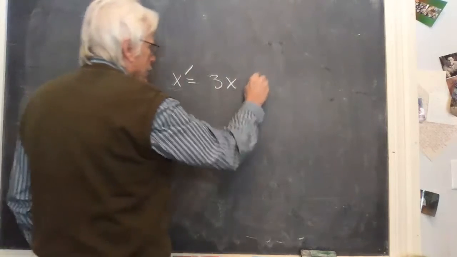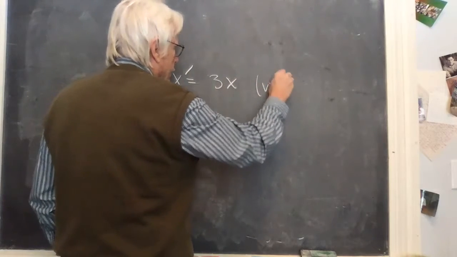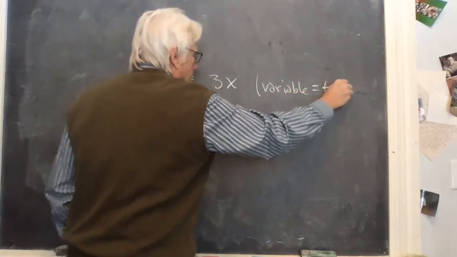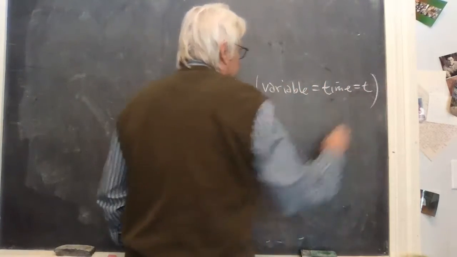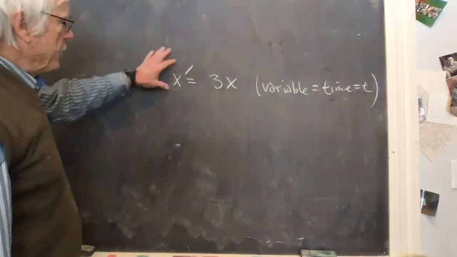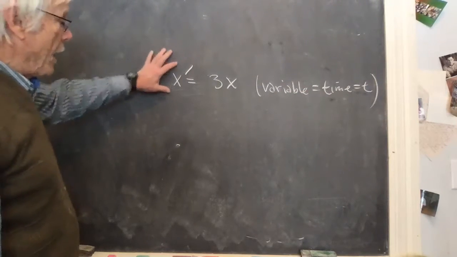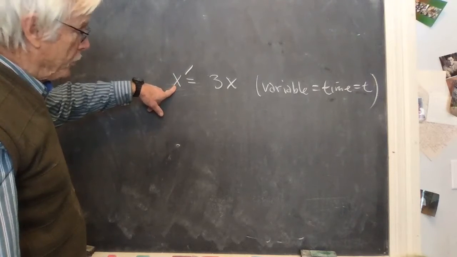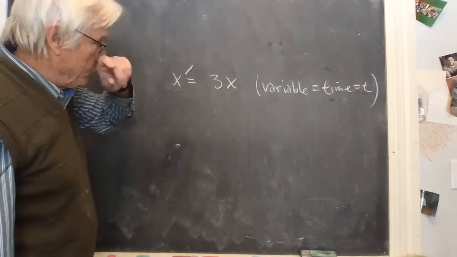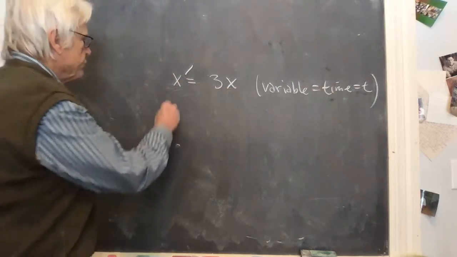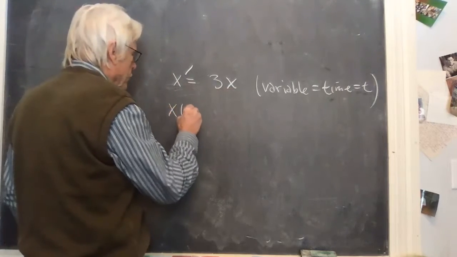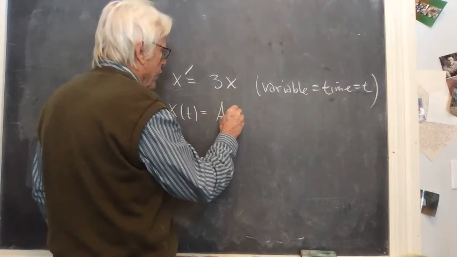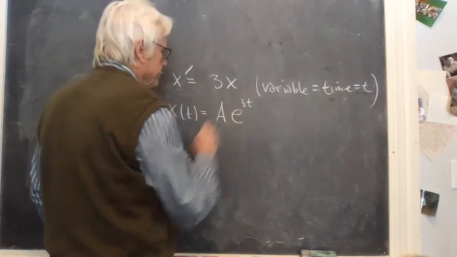And the variable involved will be time, t. So when I write this, inherent, there'll be a variable time. And this will say the rate of change of x, whatever x is, is proportional to x itself. So the solution to this, x as a function of t, will be some constant times e to the 3t.